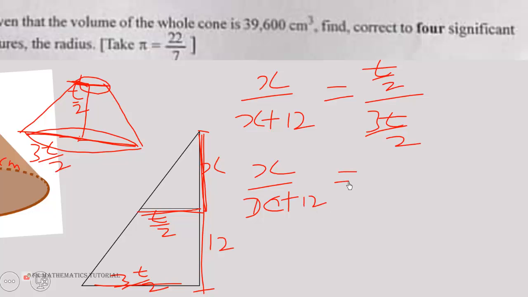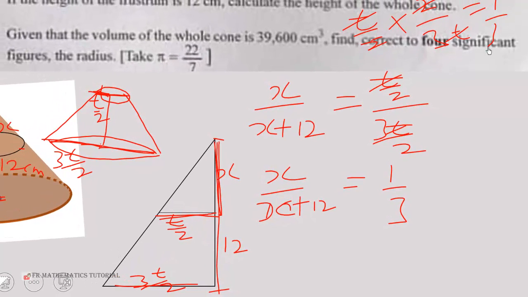The t will cancel and the halves will cancel, giving 1 over 3. If you want to simplify it step by step, we get t over 2 times 2 over 3t. So this will cancel this and this will cancel this. You get 1 over 3.